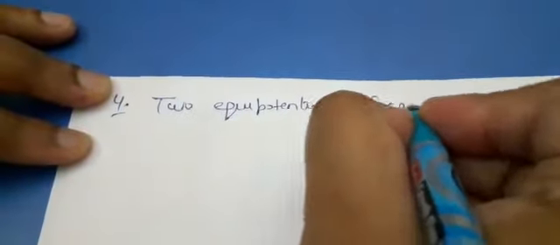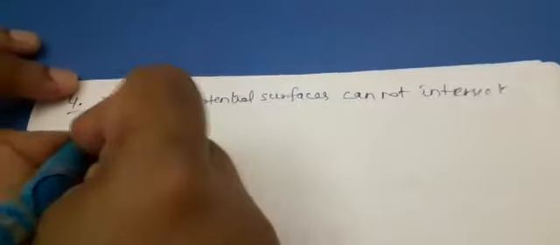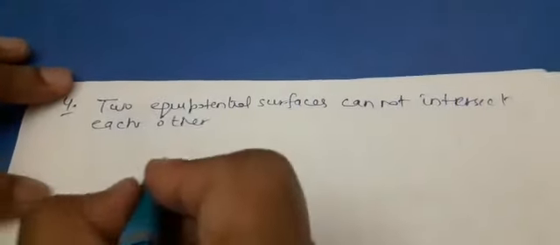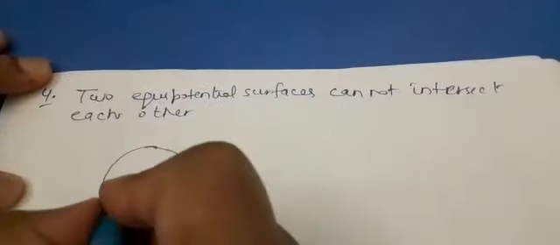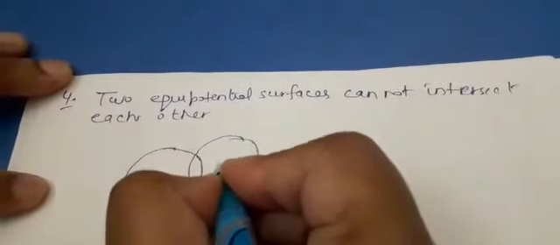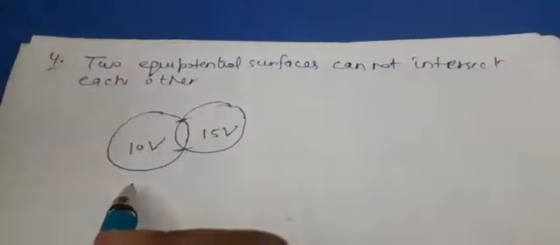Now, the next property: two equipotential surfaces cannot intersect each other. What does it mean? Suppose this is one equipotential surface having potential 10 volt, and another equipotential surface having potential 15 volt. At this point of intersection, there is no concept of direction.